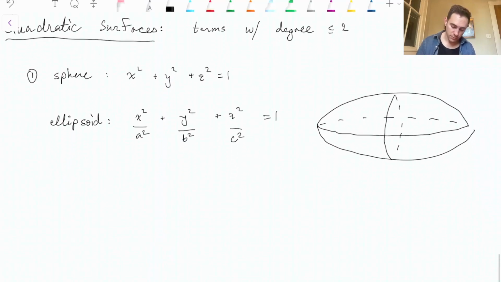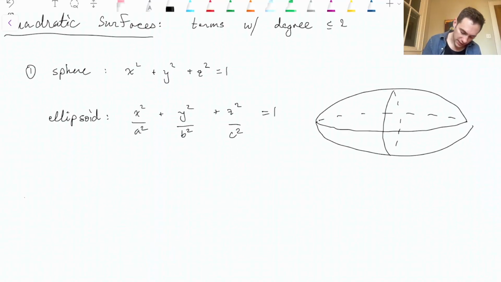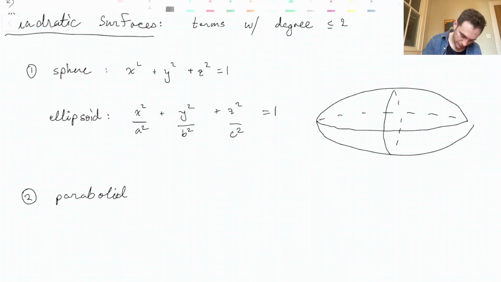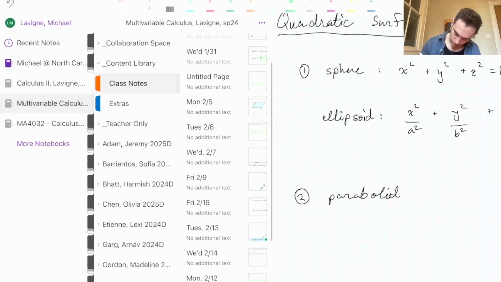I think one of the most important families, and one of the examples that we're going to be talking about all the time, one of the most important surfaces for us to study is the paraboloid.